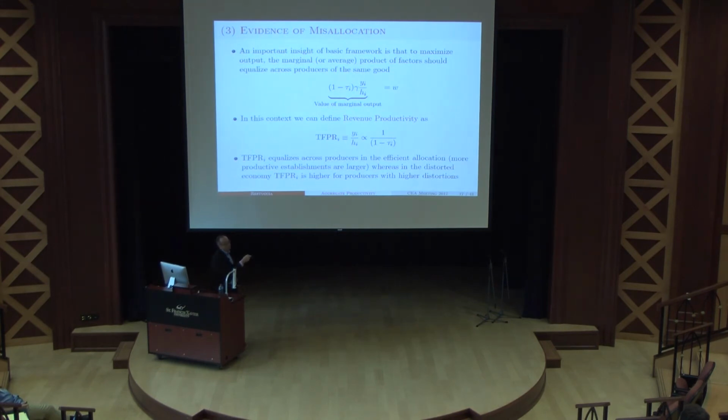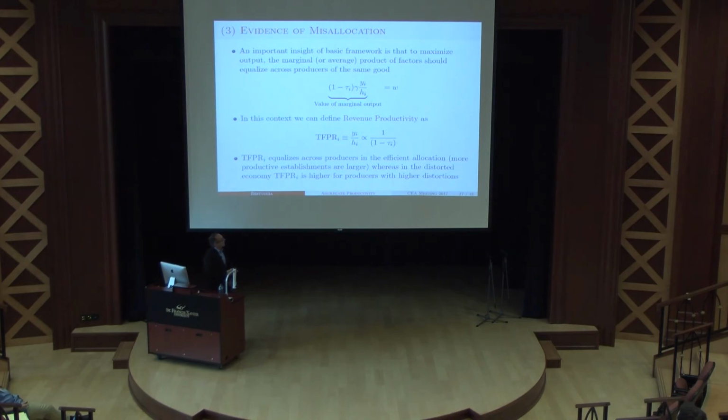Of course, because of decreasing returns to scale, the amount of output is increasing at a decreasing rate. So the marginal product or the average product is falling for the producers that are growing in size, and vice versa for the ones that are shrinking.